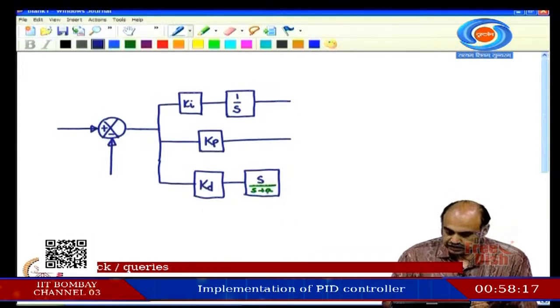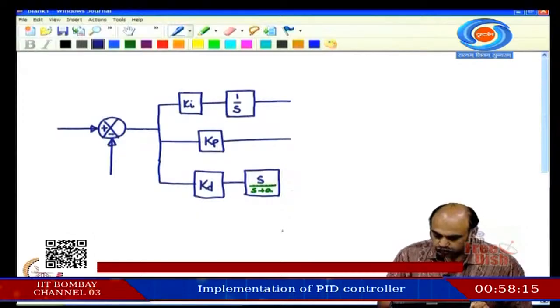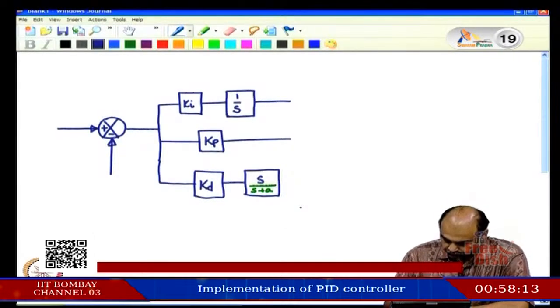So, S plus A is a pole which is very far on the frequency axis.